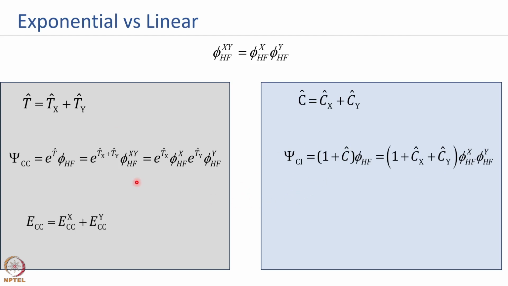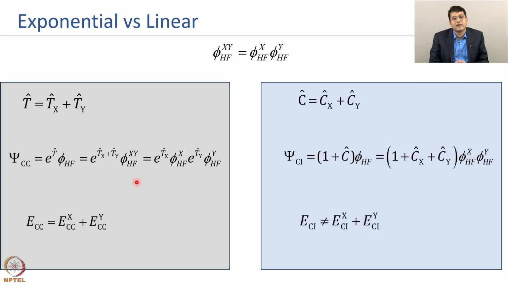So the problem is that the total energy of the fragment will not be the summation of the individual energies even at infinite distance for CI, whereas for coupled cluster, the energy will be the sum of the coupled cluster energies of fragment x and fragment y. So this will lead to problems of size extensivity and separability in the case of CI, whereas in coupled cluster, this problem will not be there.